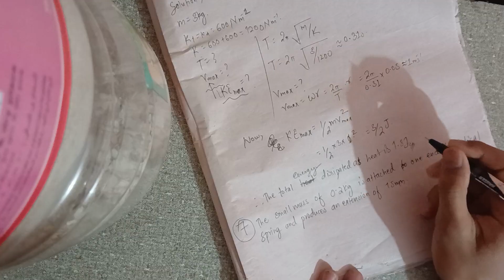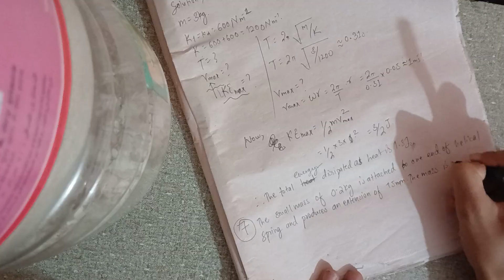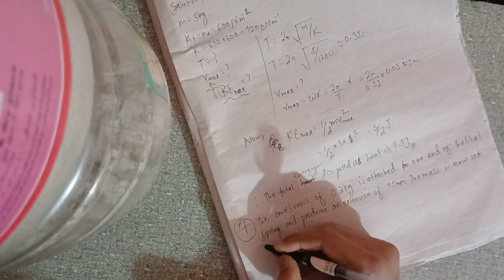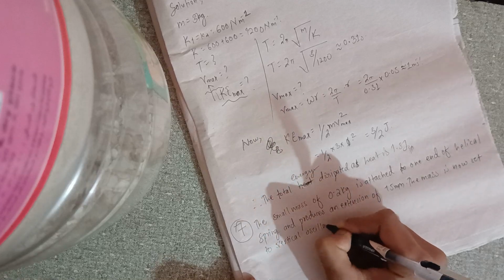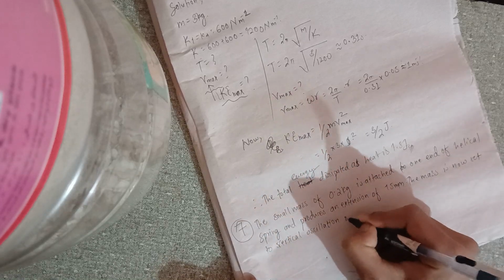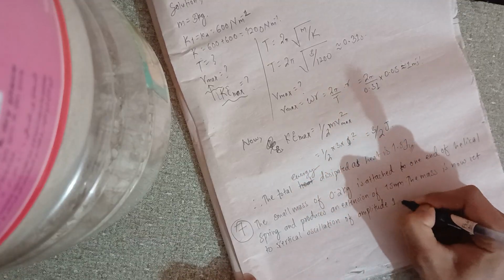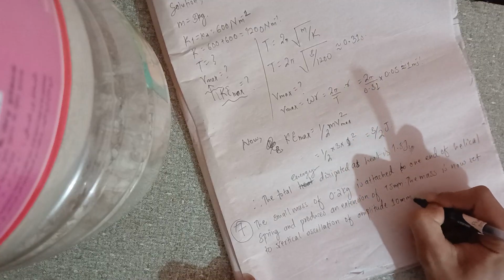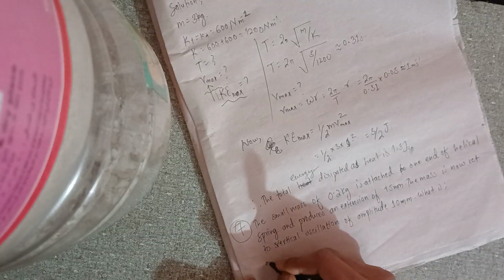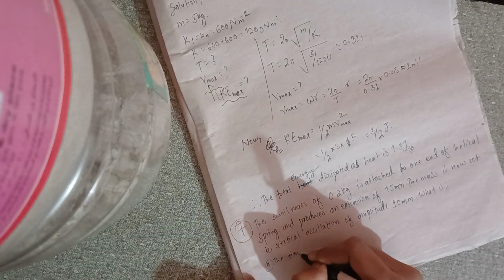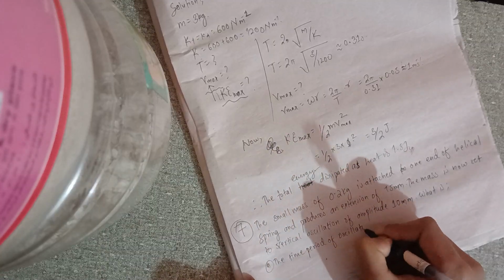The mass is now set to vertical oscillation of amplitude 10 millimeters. What is the time period of oscillation?